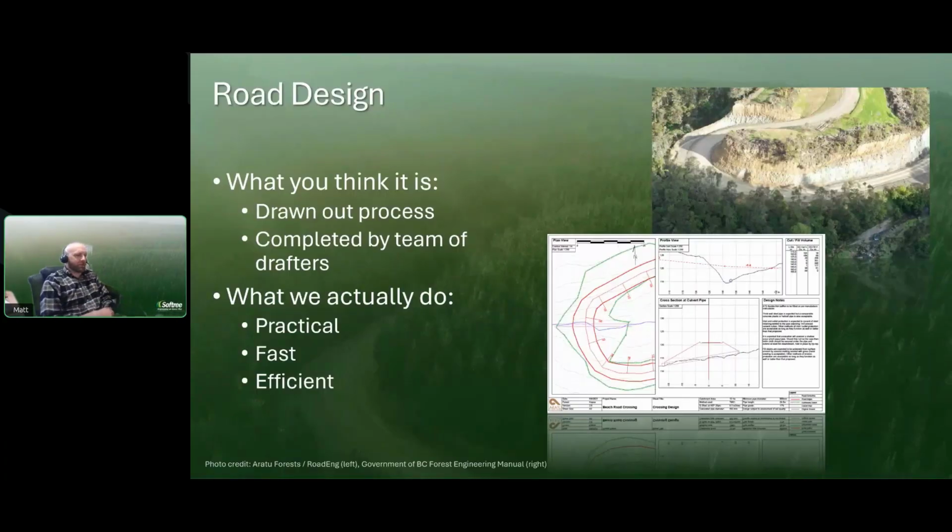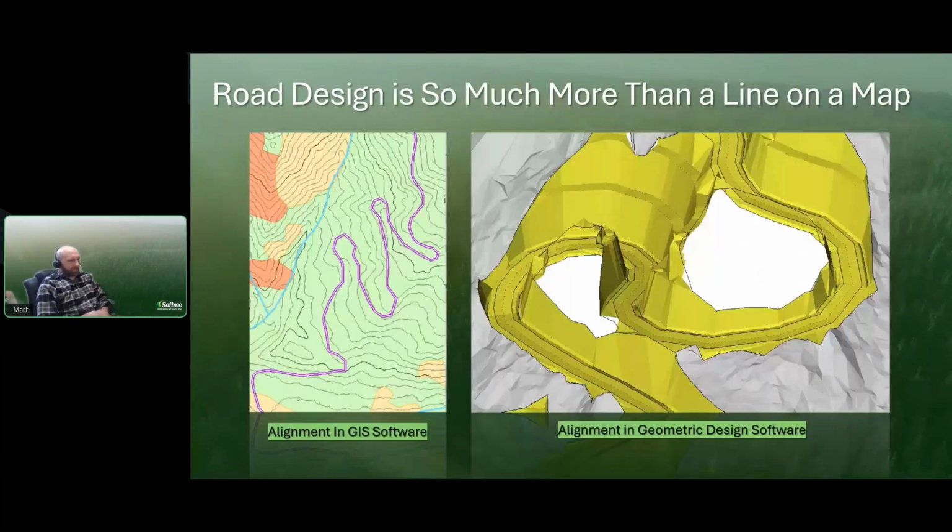Another common source of confusion, particularly for folks that don't have that design background, is that they'll compare a design road to a road that's a line on the map. A planned road is a line on the map.